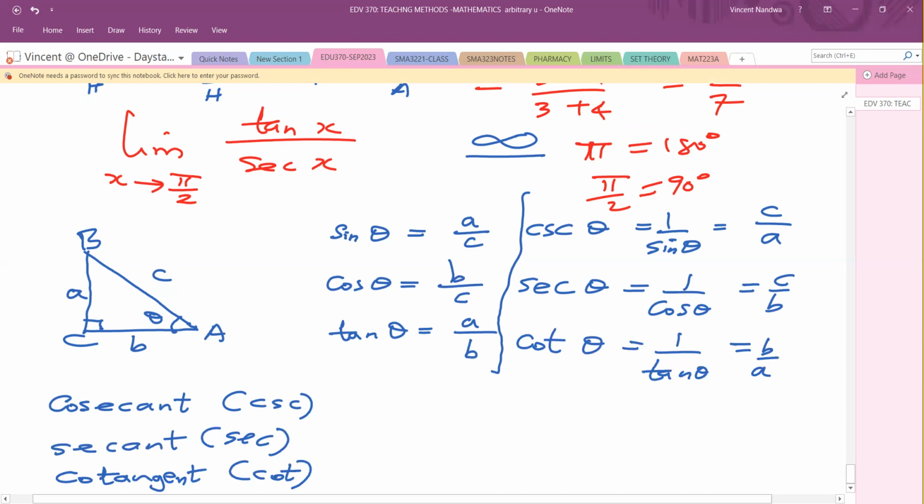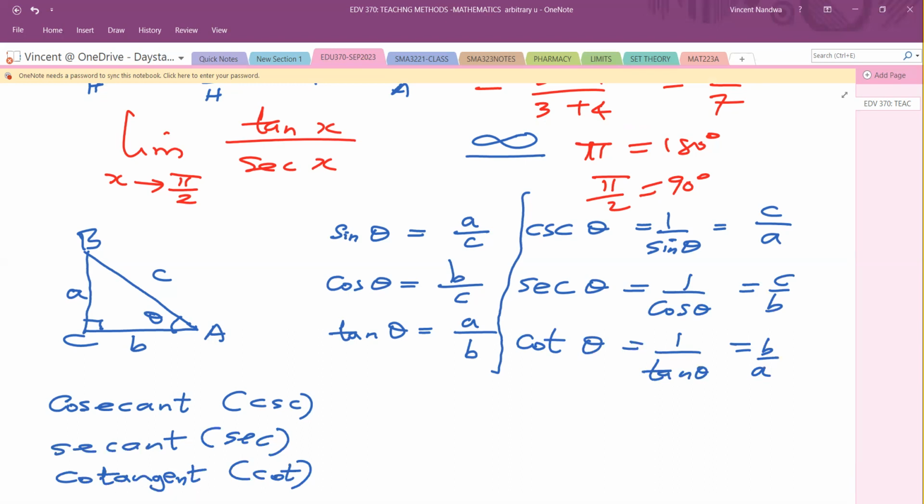Kuna 6 trigonometric ratios. Kuna sine, kuna cosine, kuna tan. And then we have the reciprocal of sine is called cosecant, abbreviated as cosec. And then the reciprocal of cosine is called secant, abbreviated as sec. Reciprocal of tan is called cotangent or abbreviated as cot.